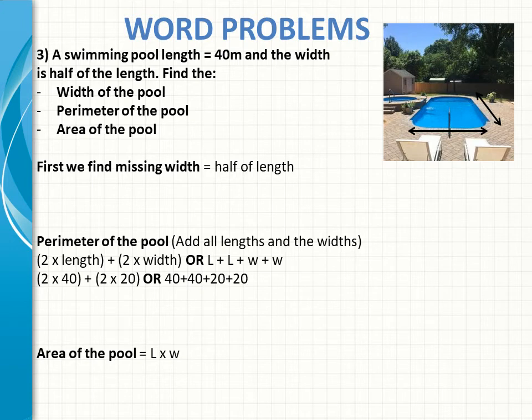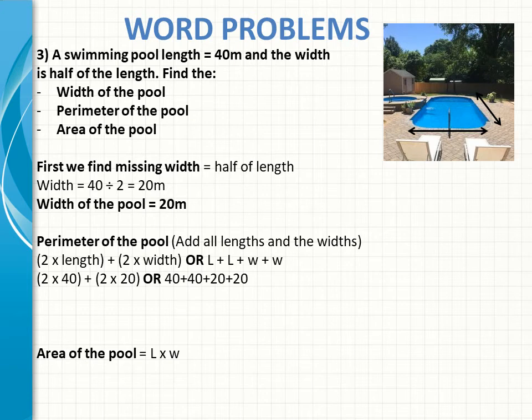How do we find it? Half of the length, which is 40, is what? Great job. Is 20. 40 divided by 2 is 20. So now we know that the length of this pool is 40 meter, and we now know the width is 20 meter as well, because it's half of the length, right?